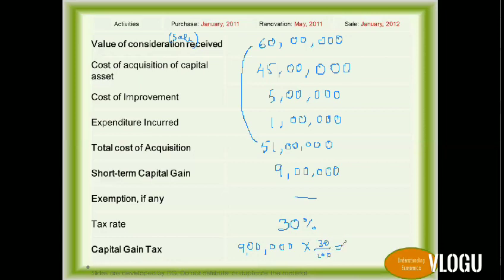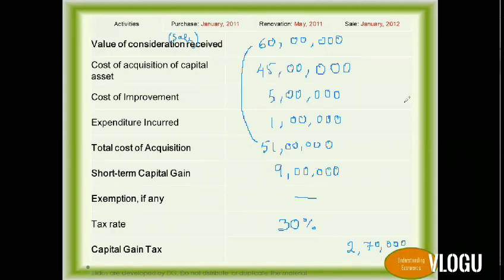And the value will be how much? The value will be 2,70,000 rupees. So this is the value of the capital gain tax in the short run.